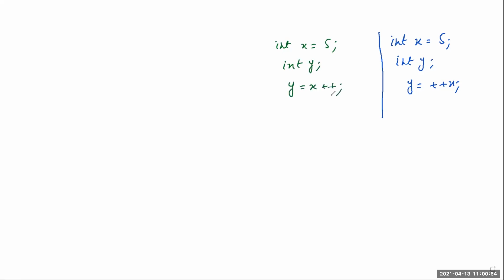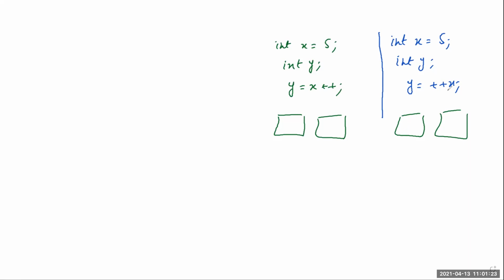Okay, so you see in both cases we are using the same operator, but on the left side your operator is after the variable or operand, which is x, and on the right side your operator is before the variable. All of you, I'm sure, understand the difference. In the pre-increment case, first x is incremented and then it is copied in y, right?